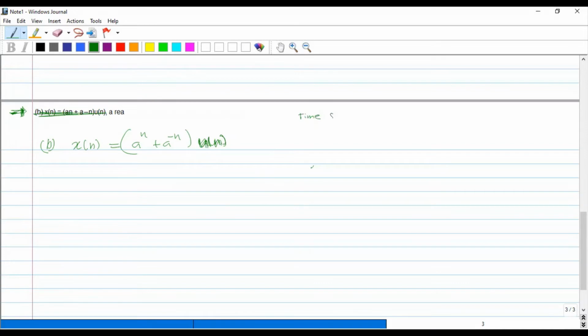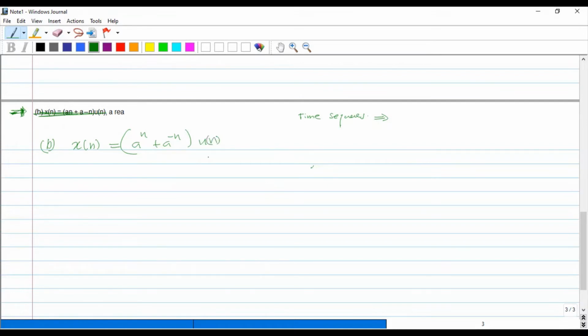When we are dealing with time sequences or time series, when those time series are mathematically shown using an equation, many times you can see that the signals are multiplied by the unit step function.